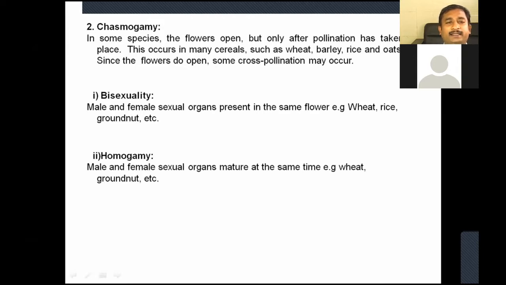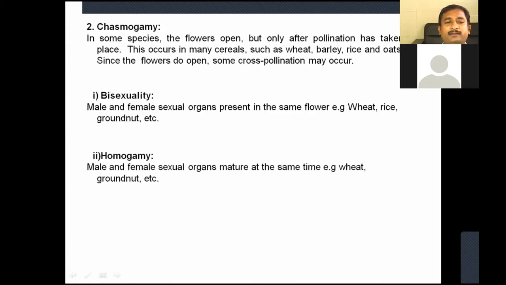And another important thing here, two terms will be there: bisexuality and homogamy. These are a little bit technical terms. In bisexuality, male and female sexual organs are present on the same flower, meaning in a single flower, both male and female sexual organs are available. For example, groundnut, rice, wheat.